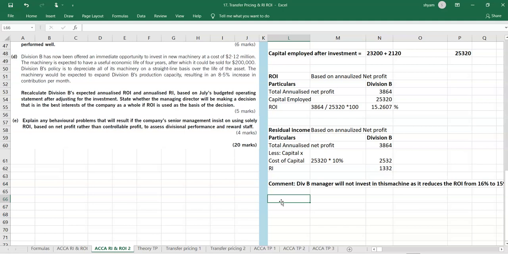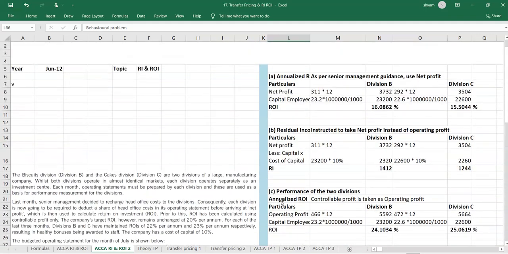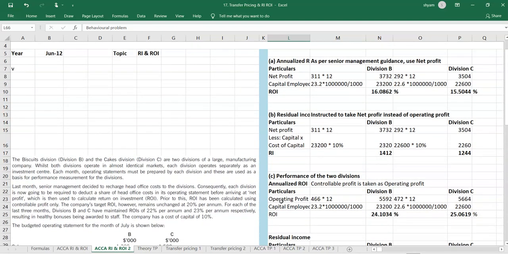So let's see the behavioral problem. There are 2 sets of numbers which are useful for us. I think we'll take the entire set of data.